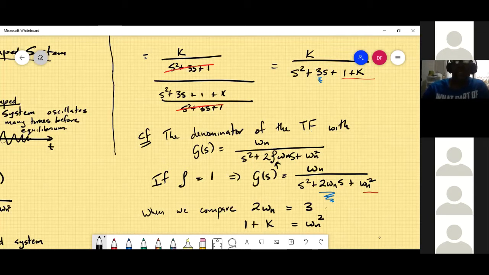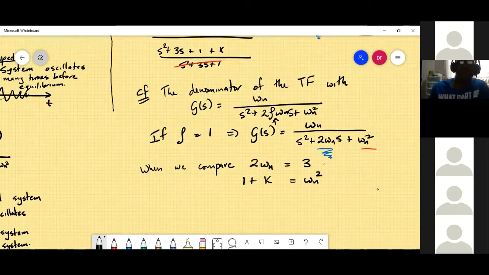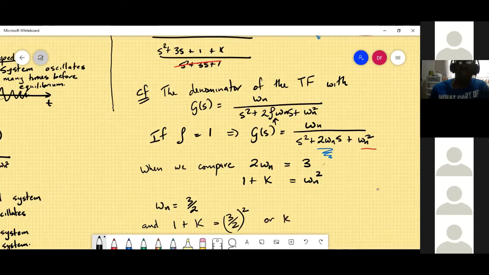So this implies omega n is equal to 3 over 2. And then 1 plus k is equal to (3 over 2) squared, or k equals (3 over 2) squared minus 1.